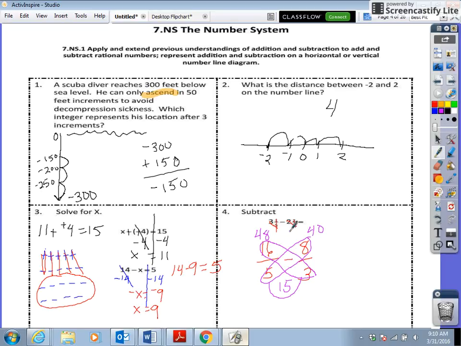And we still have our minus sign here, so we're going to subtract. 48 minus 40 is 8. We keep our denominator of 15. Now this is the correct answer. However, you might be asked to give the mixed number. This is the correct answer. It is simplified. But if this wasn't simplified, you would be asked to simplify or create a mixed number.